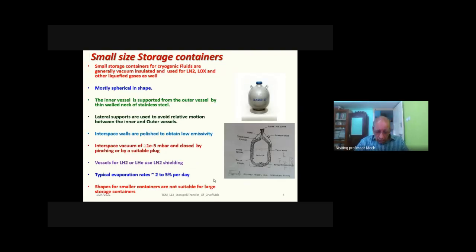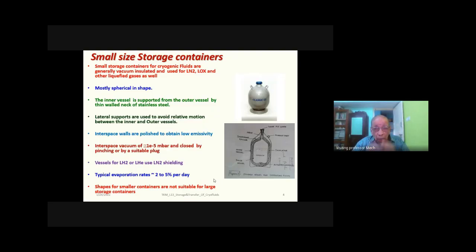Okay, let us start with the small size storage containers. If you look at the small size storage containers for cryogenic fluids, generally they are all vacuum insulated. And in fact, the very first storage container for cryogenic fluids is the glass storage container. So you have one inner vessel, you have an outer vessel, and that's the total system which was used, and the interspace was evacuated.